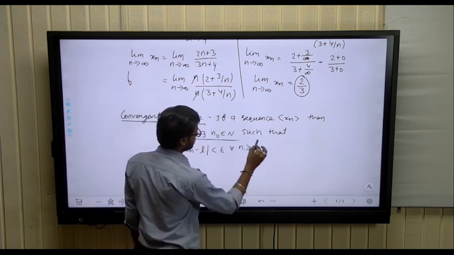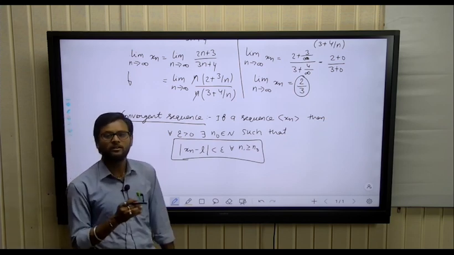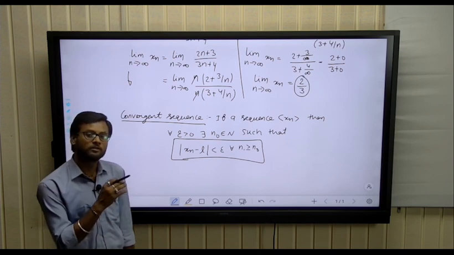This definition looks similar to the limit of a function, the limit of a sequence, but it is not the same.